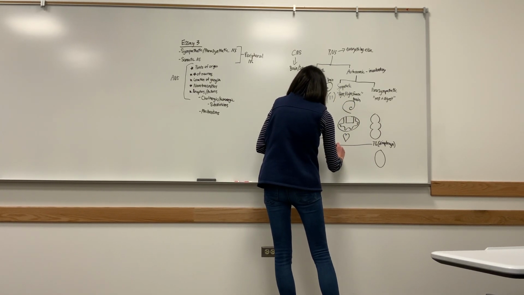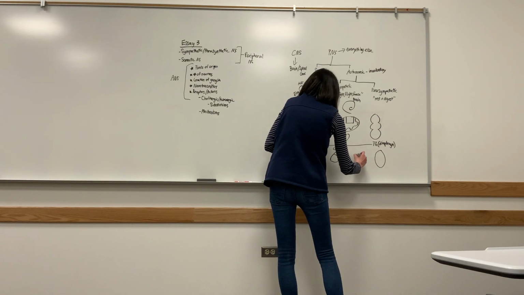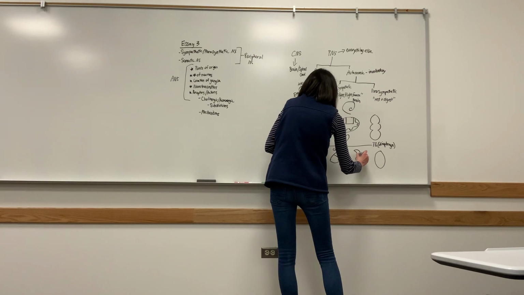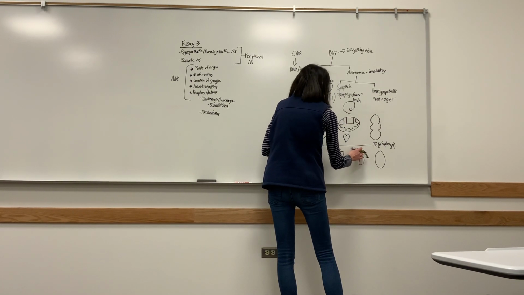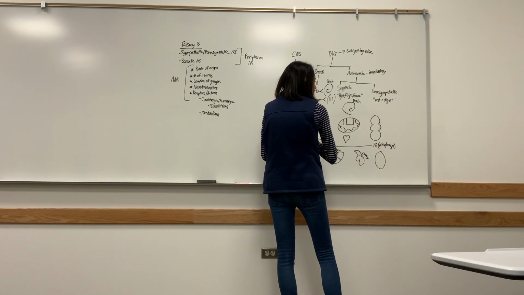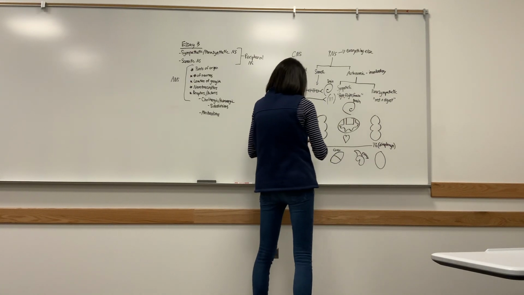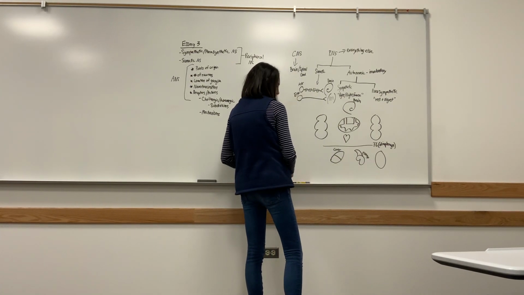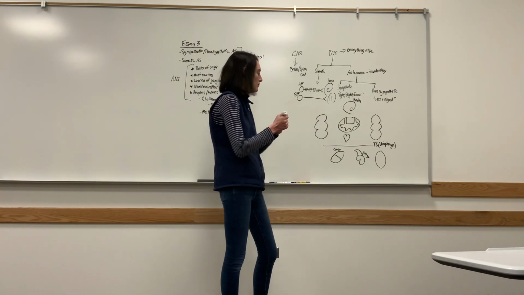This is the liver. This is a kidney with the adrenal gland. Now, I'm going to cover 4 different pathways that the sympathetic nervous system can do.